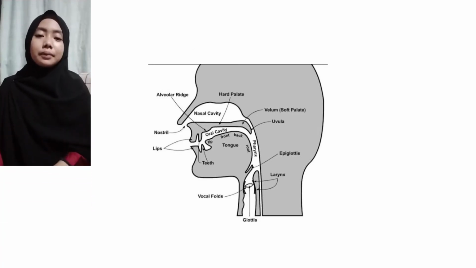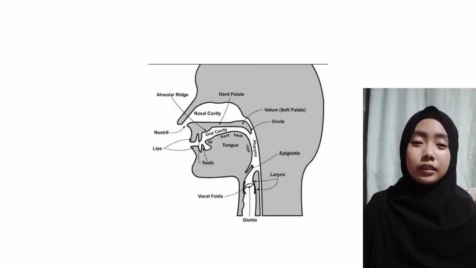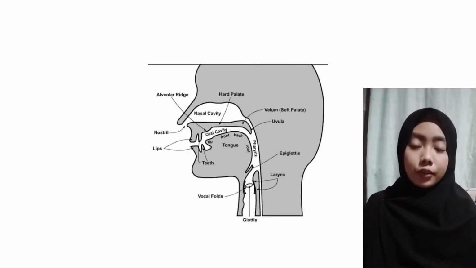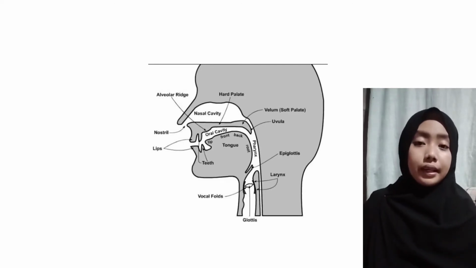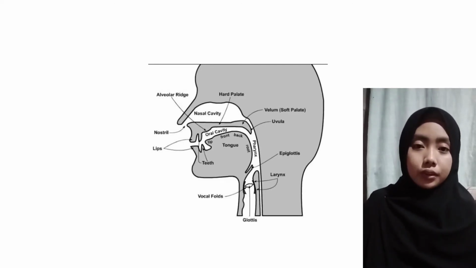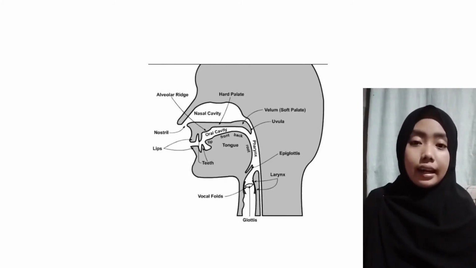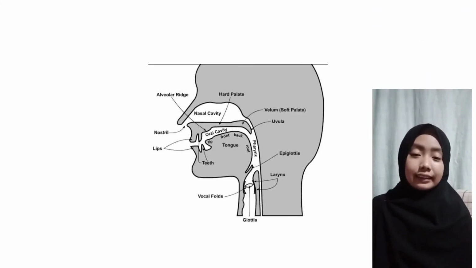Labial. The labial consonants occur when you block and constrict airflow out of the mouth by bringing your lips together. English contains the following three bilabial consonants. They are P, as in purple, and W. Next is labiodental.